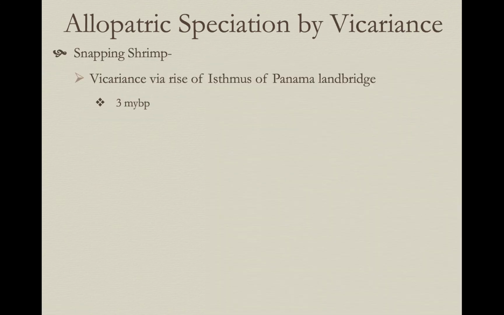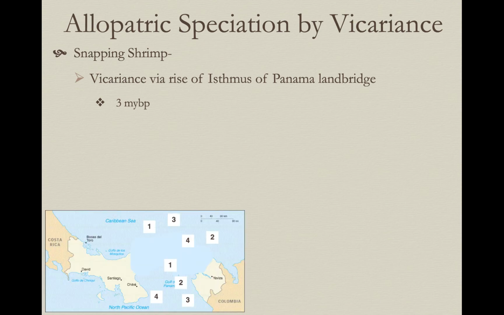Here's an example looking at snapping shrimp. If you look at the geological history of North and South America, we know that the connection between North and South America, associated with what's called the Isthmus of Panama land bridge, used to not be there. So there was connectivity between marine species in the Caribbean and the Northern Pacific because it was complete access through these marine environments.